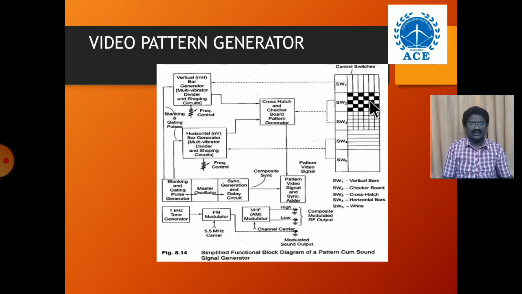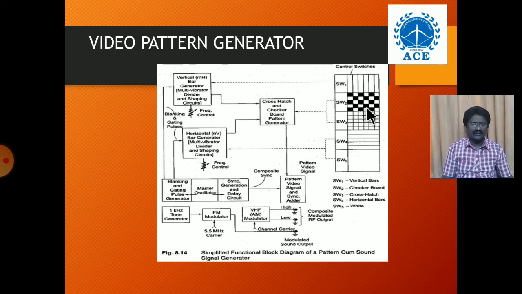So these are the output signals designed to check the output of the video images. So these patterns are used for linearity and video amplifier adjustments.